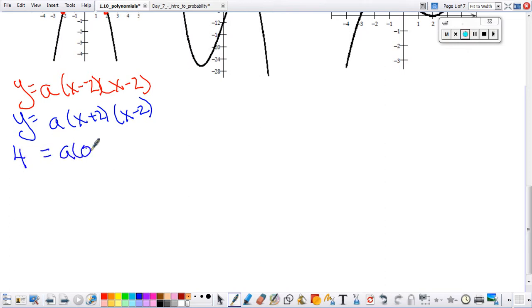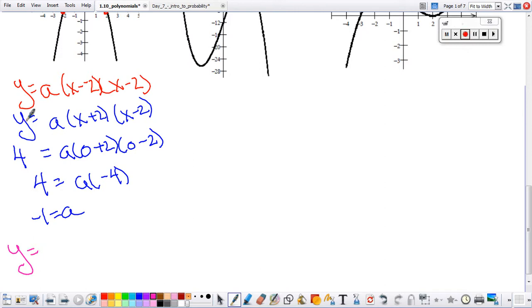I'm going to plug those values in and simplify for A. So -1 equals A. But our final answer is going to be the A substituted into the equation. So the polynomial equation for the first problem is y equals -1, x plus 2, x minus 2.